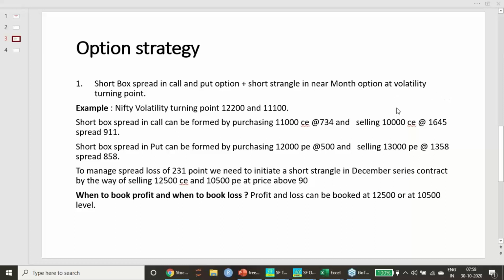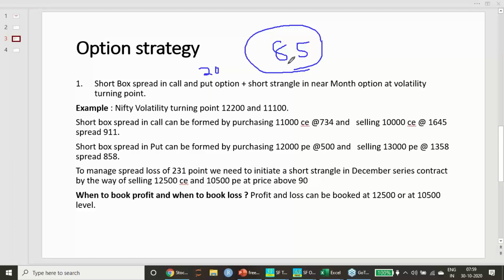That pair trade also requires 80 to 85,000 margin, and along with that you need to keep some 10 to 20,000 rupees as an M2M requirement. And both these option strategies also require a similar kind of capital.